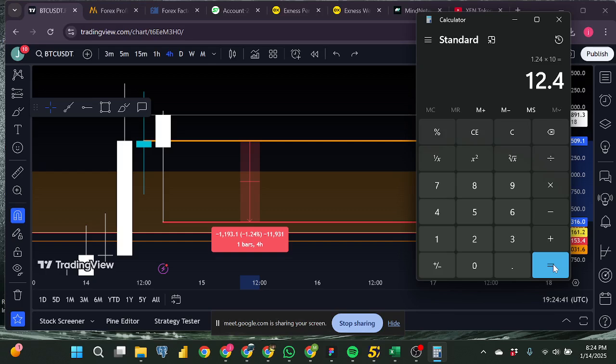One second, please. Let me be sure that I'm not making a mistake. Okay, let's assume that it's 1.24 times, let's say we want to use 30x leverage.